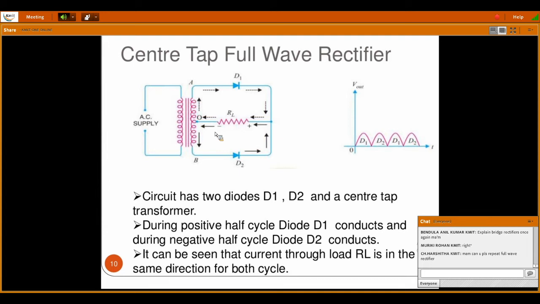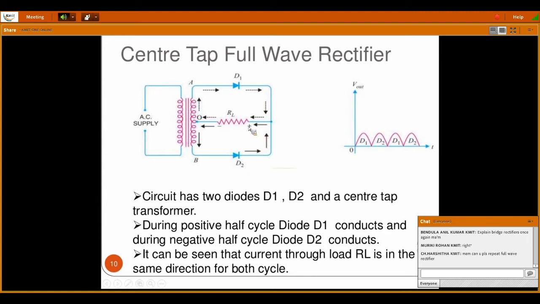Because of the center tap, the polarity of the waveform will be reversed during the negative half cycle. Now point A is maintained at negative potential and point B is maintained at a positive potential. So because of this, what happens?